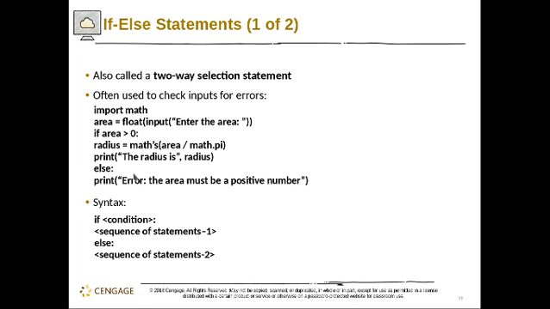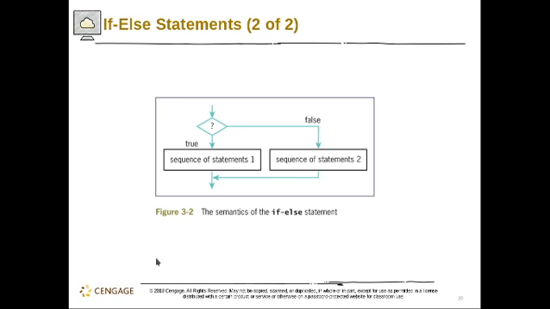So what will happen if this condition is not true? You can look at it here in the flow chart. This is your if statement. If this is true, it will execute sequence of statements 1, and if this is false, it will execute statements 2, and then go back.